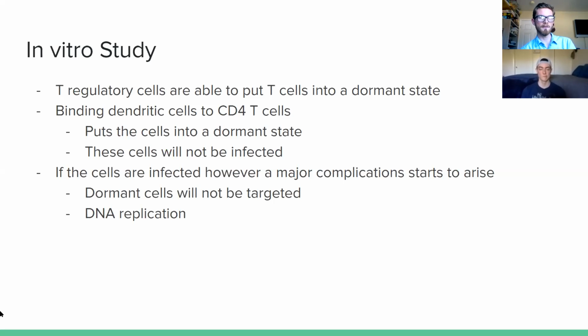The purpose of making the infected cells dormant was to try to prevent their replication and further infection of the body. However, these researchers found that when they did this, the cells that were infected became dormant, but they didn't go anywhere and they weren't able to be targeted by any medicines.